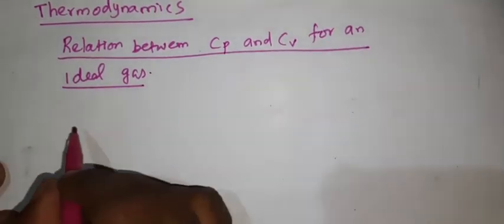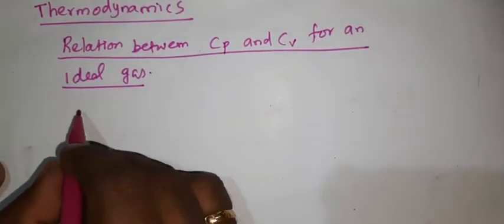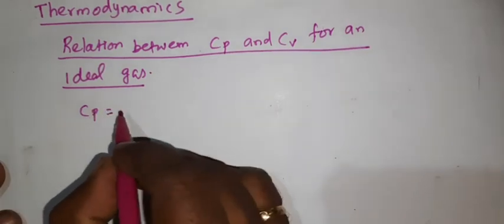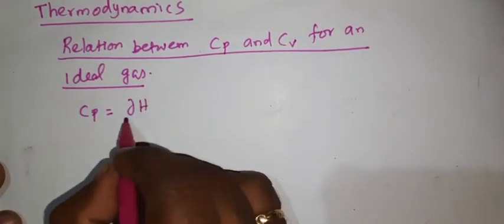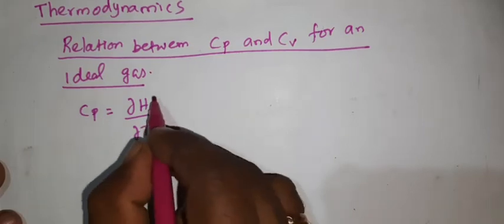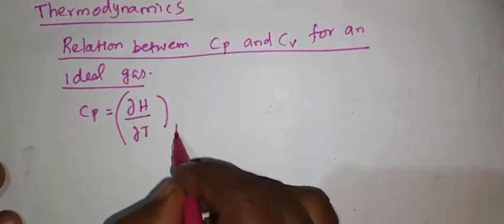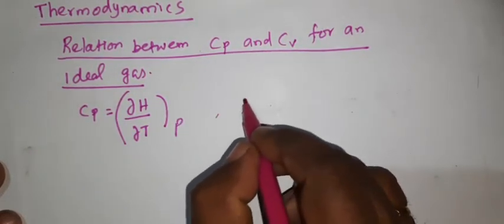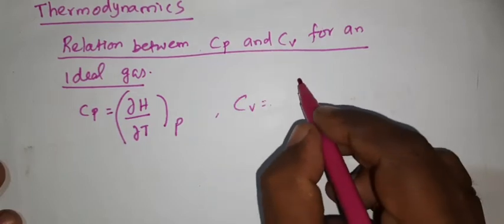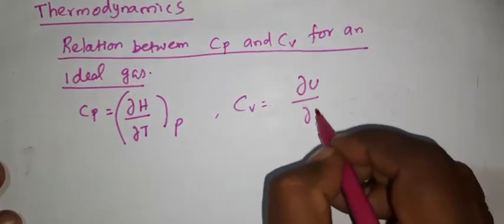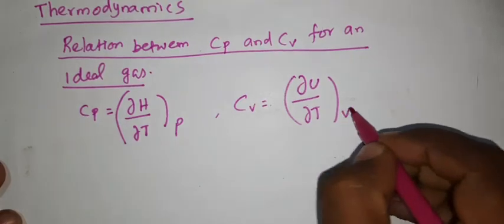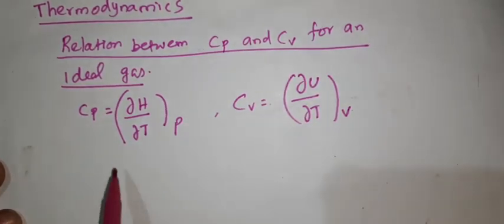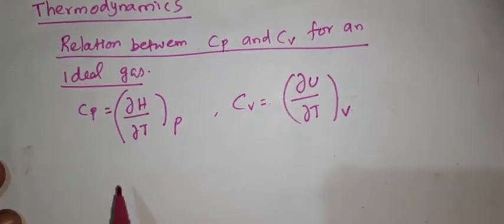So already we studied what Cv and Cp are. The Cp formula is dou H by dou T at constant pressure, and Cv equals dou U by dou T at constant volume. This is the formula we already studied.